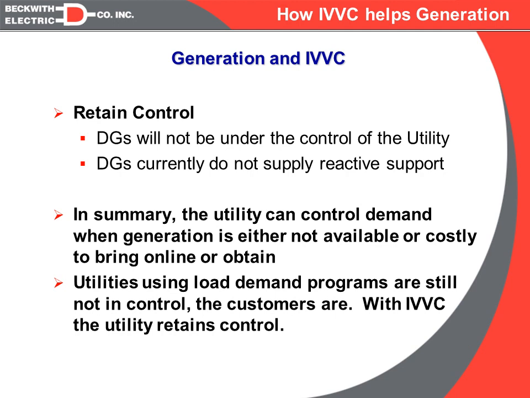And we may want to be able to dynamically, for short periods of time, reduce the load so that we don't have to either bring a more expensive unit online for a short period of time, or go out into the spot market and purchase power at a higher rate to fulfill that short-term need. And finally, with the DG and the electric vehicles coming up, we can see that the future is going to put stress on the generation overall.